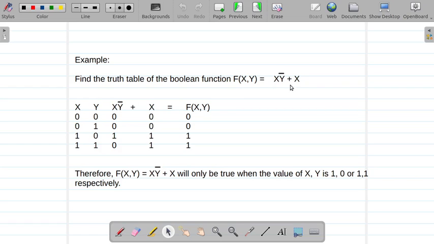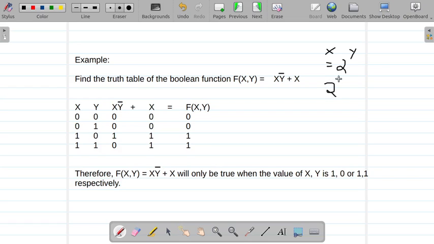Since this expression involves variable x and variable y, which is two variables, when you create a truth table, remember that binary is base 2.